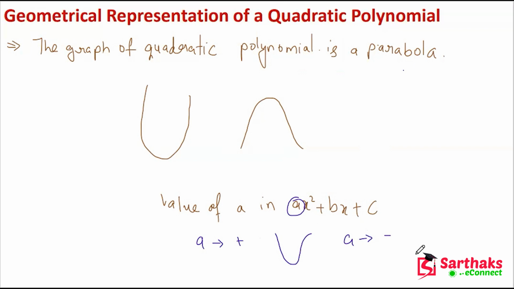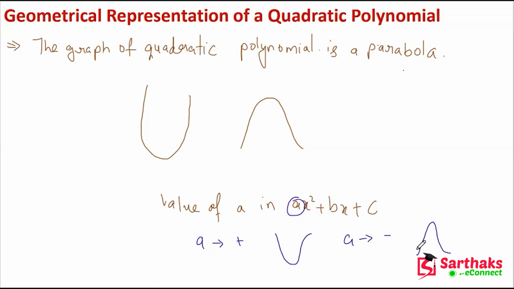It opens downward. So it can cut the x-axis at 0, 1 or 2 points. So we can say that a quadratic polynomial has how many zeros? At most two zeros, because it cuts the x-axis at 2 points.